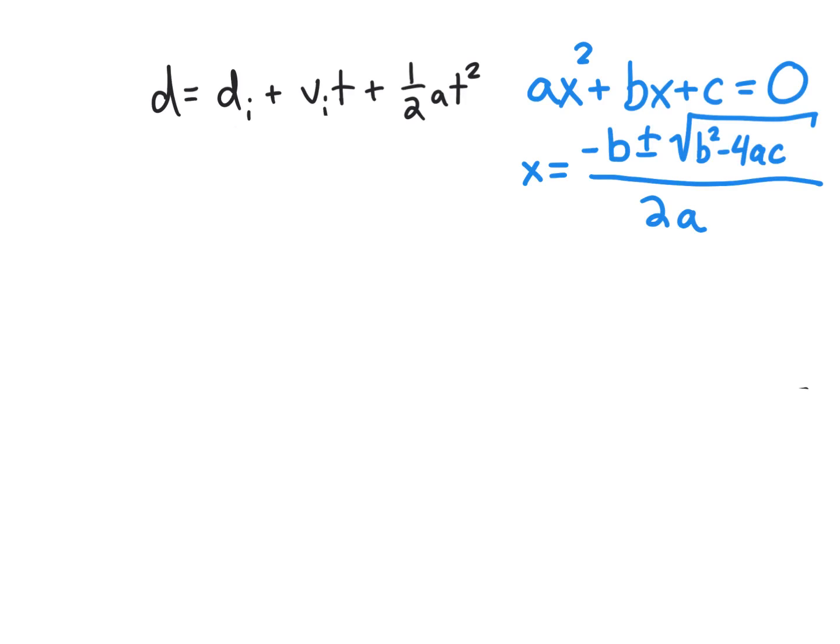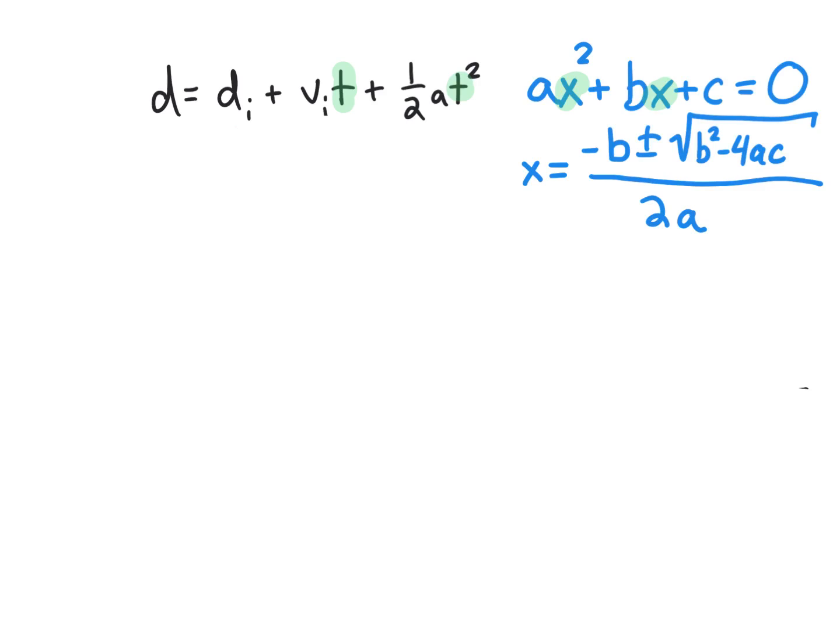So if I want to solve for time, I'm treating time like the x in this equation, and the coefficients, the things that are multiplying time, are the a, b, and c. So if I want to solve this equation, well, first I need to make it look like ax squared plus bx plus c equals 0.